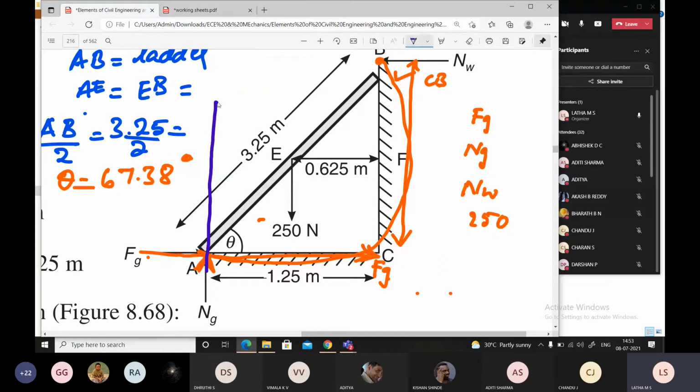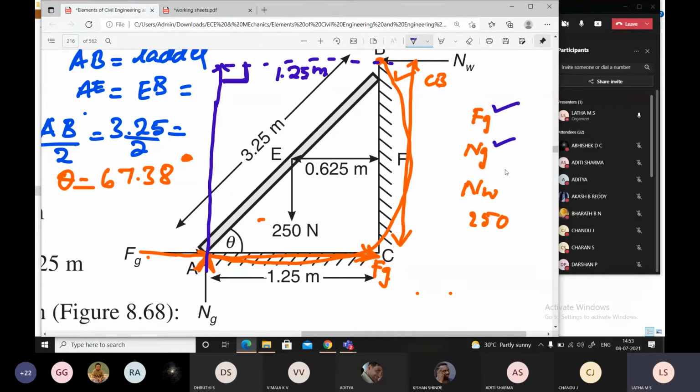Ng is here. What's the perpendicular distance? 1.25. Now Fg is over, Ng is over.